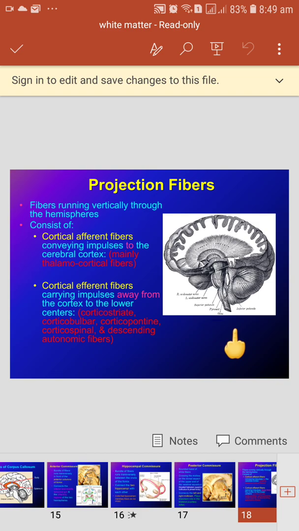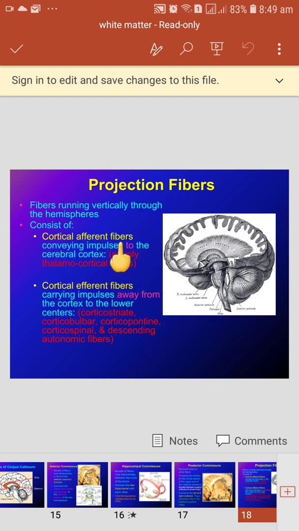Now comes the last type of the white matter, which is the projection fibers. We discussed the commissural fibers and association fibers. Now we will discuss the projection fibers, the last type of white matter of the cerebrum. These fibers run vertically through the hemisphere and consist of cortical afferent fibers and cortical efferent fibers.